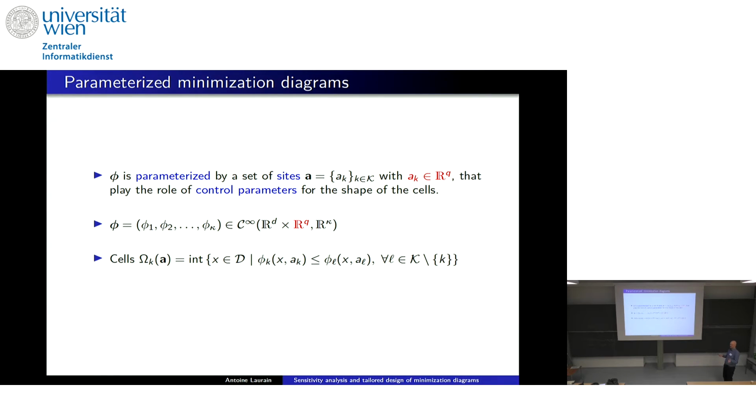It could be a point, or it could not be. For Voronoi, it happens to be just a point in space. But it could also be some parameters which represent some distance. I'm going to show some examples afterwards. For instance, for the Voronoi case, Q is equal to D in dimension D.